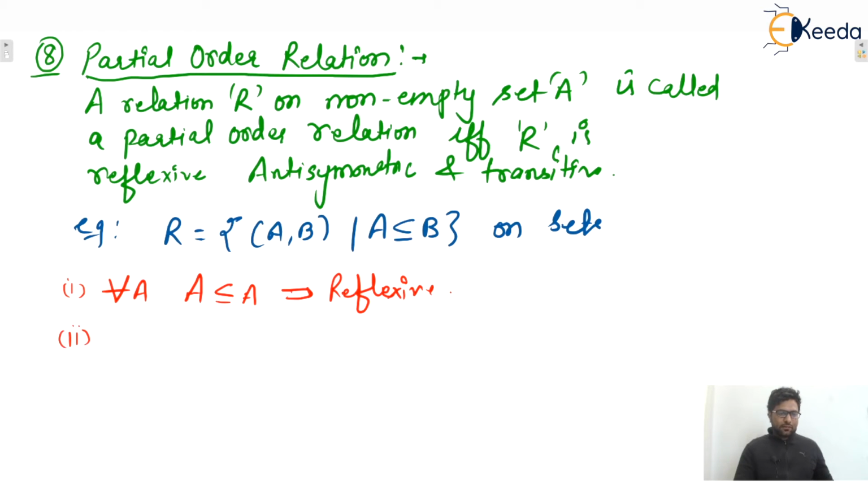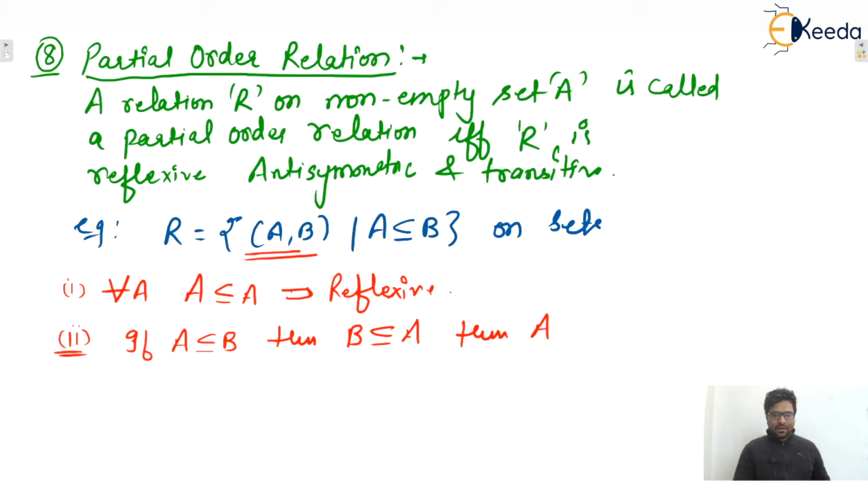Similarly, second one, you only tell me whether this one is antisymmetric or not. If A is a subset of B, and B is a subset of A, that is possible only when A is equal to B, otherwise it is not possible.